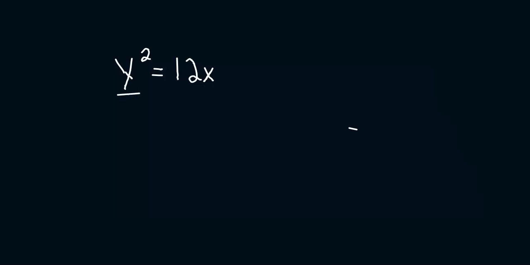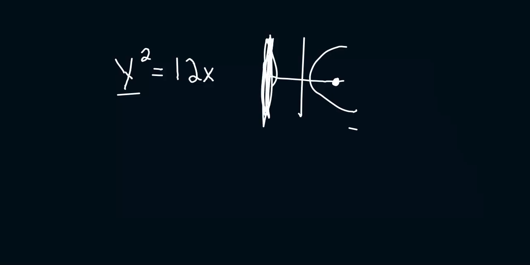So now, y squared means it's going to open up this way, right? So our focus is going to be over here on the x-axis, and our directrix is going to be over here at some x equals something. x equals negative whatever your p is.